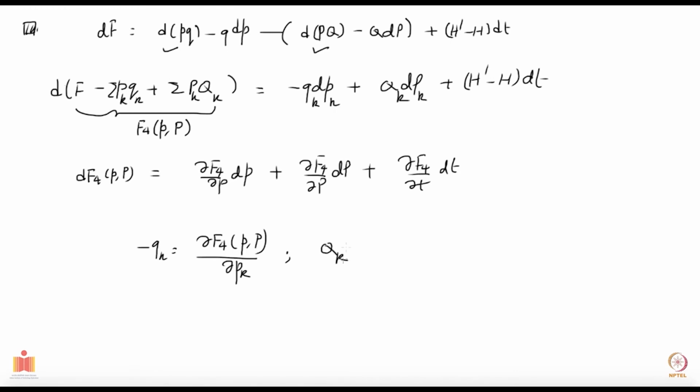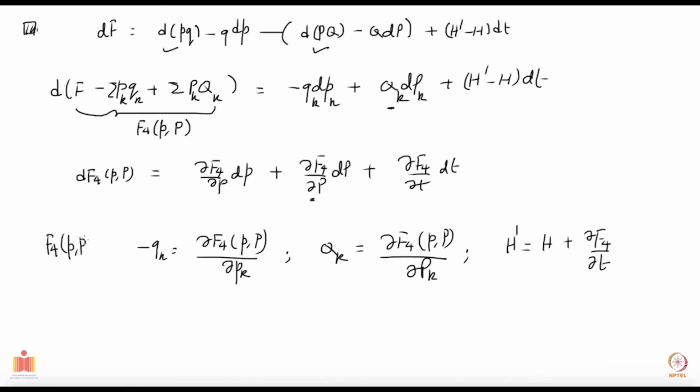Your capital Qk here is del f4 (small p, capital P) over del Pk, and your h prime is again h plus the partial derivative with respect to time of f4 as a function of p and P.